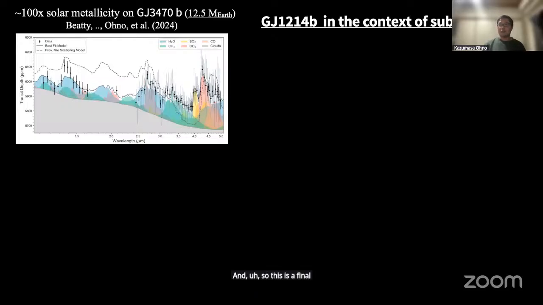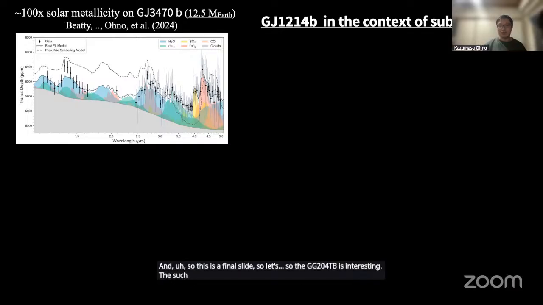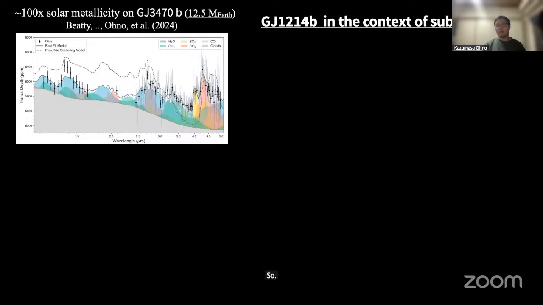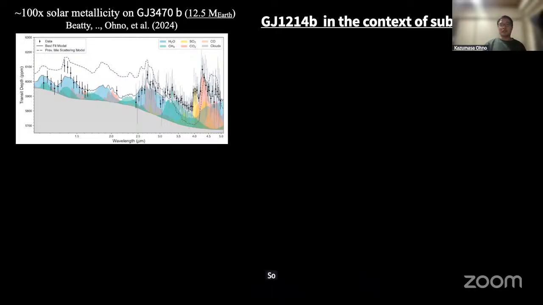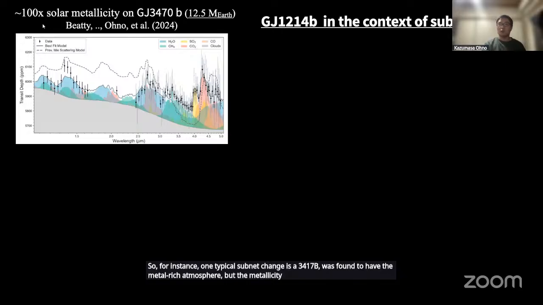So GJ1214b is interesting. That planet has a very metal-rich atmosphere, but let me contextualize GJ1214b among other sub-Neptunes, because recently JWST observed the transmission spectra for multiple sub-Neptunes. For instance, one typical sub-Neptune, GJ3470b, was found to have a metal-rich atmosphere, but the metallicity is much lower than what we suggest for GJ1214b.